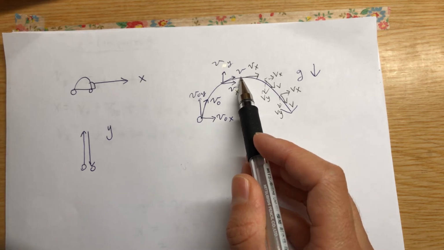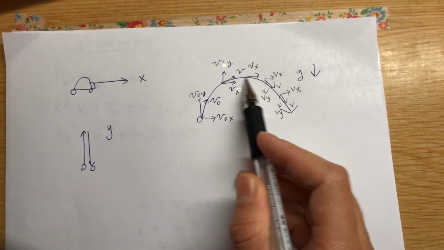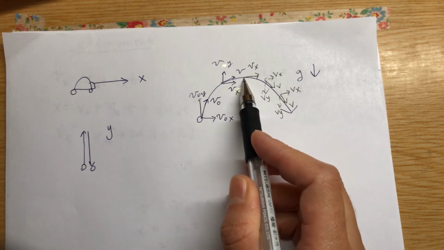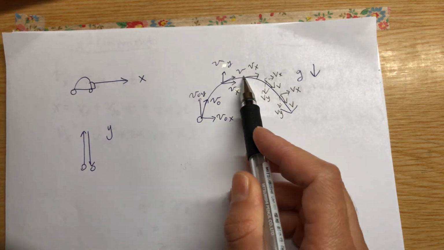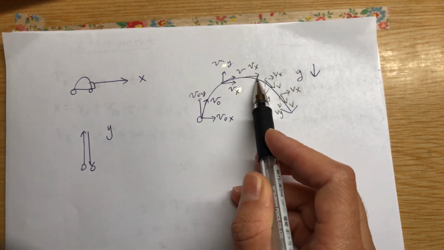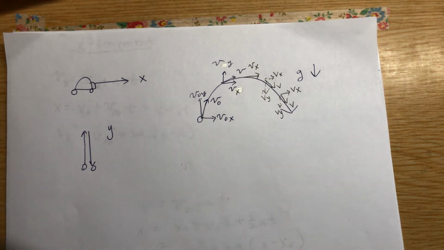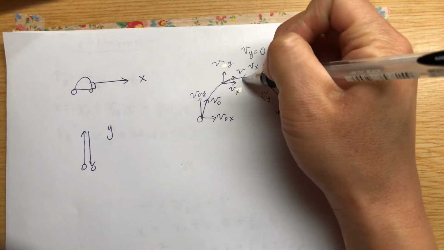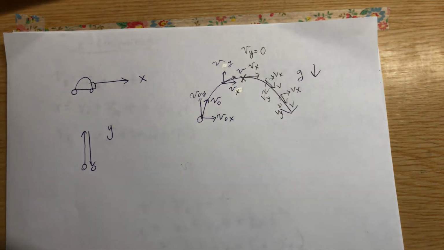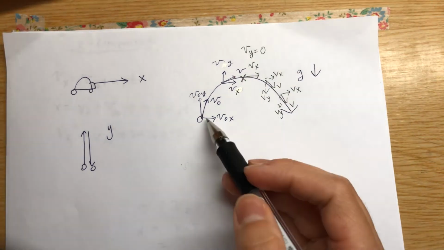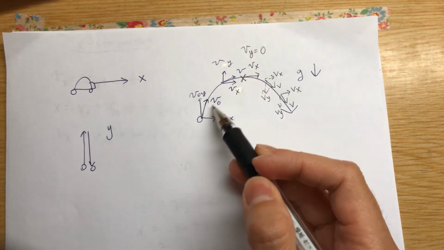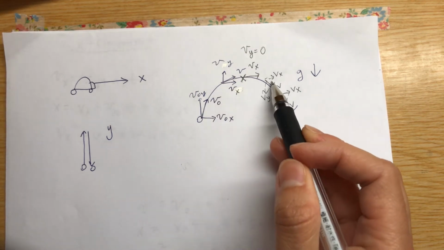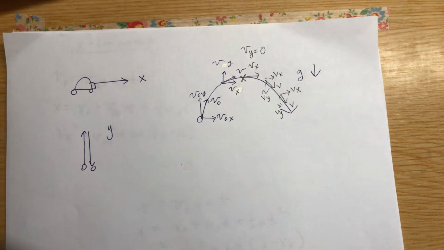Okay, the tangent of this at the top is this horizontal vector, and that's Vx. So at this high point, Vy equals 0. Okay, and then the V vector goes from positive down to negative.